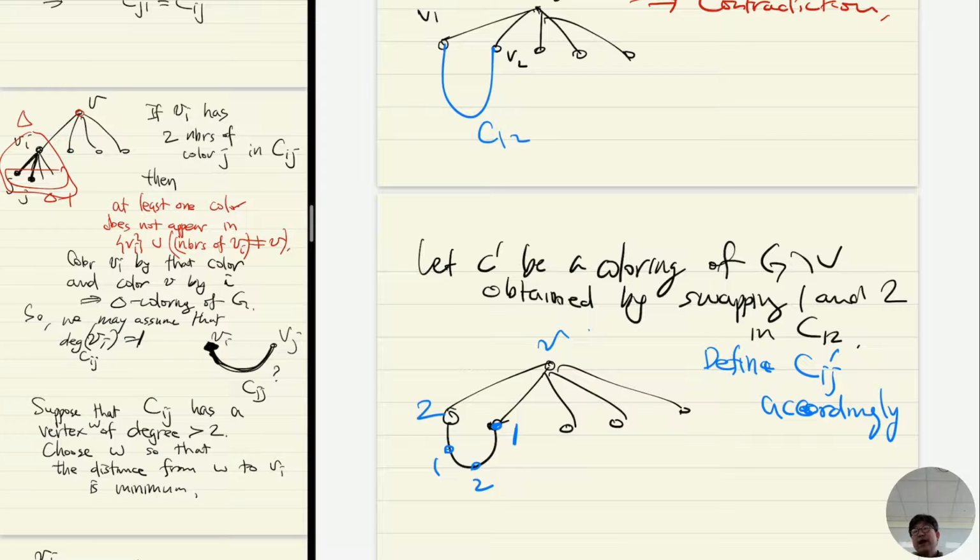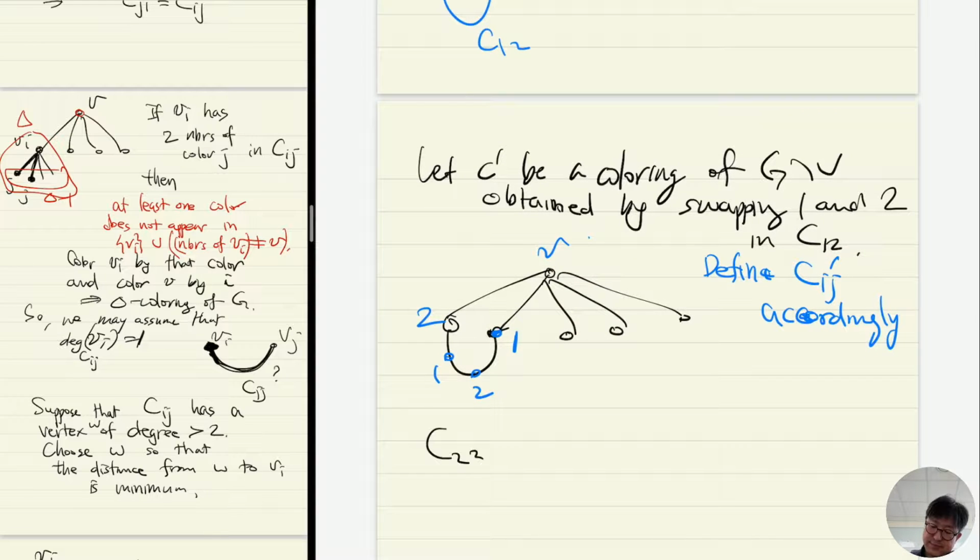And now let's look at 2, 3. What is C23 prime? C23 should be a path from this vertex to that vertex, right?